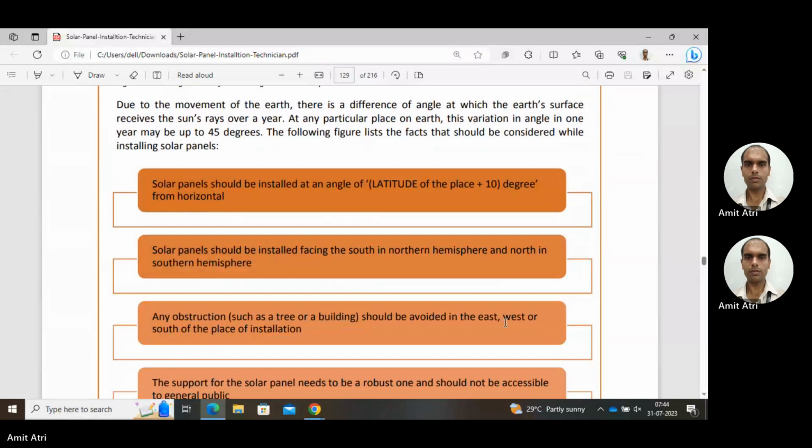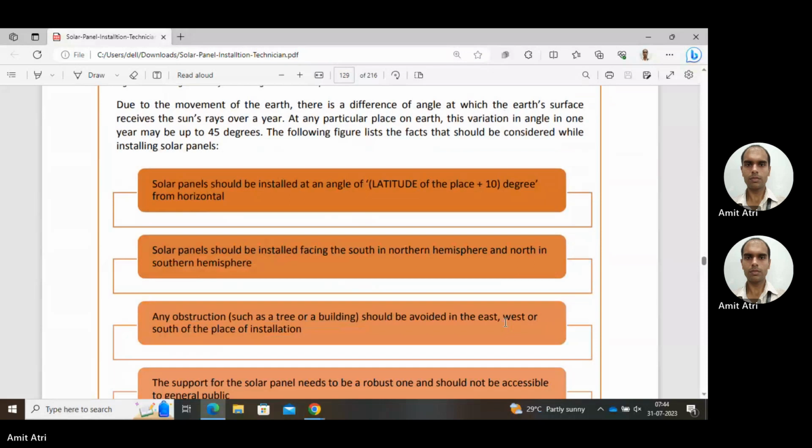So following this diagram, the factors to be considered by the installer are mentioned. First one, solar panels should be installed at an angle of, so what should be the angle? Latitude of that place plus 10 degrees from horizontal. First thing, we have to measure the latitude.